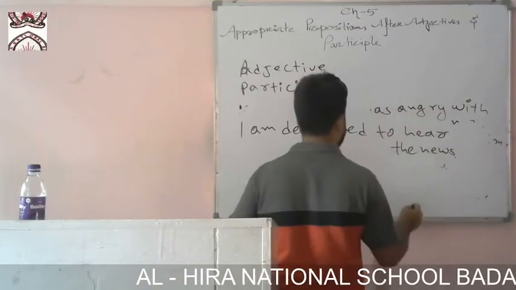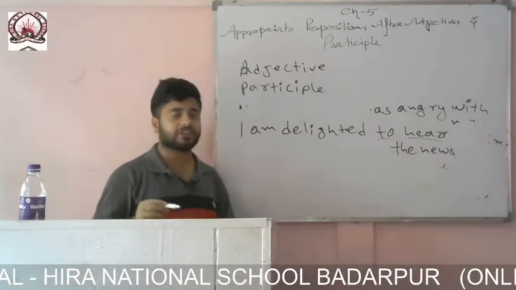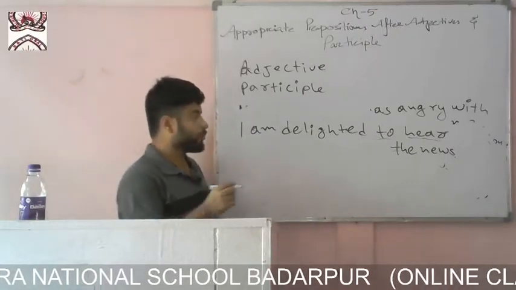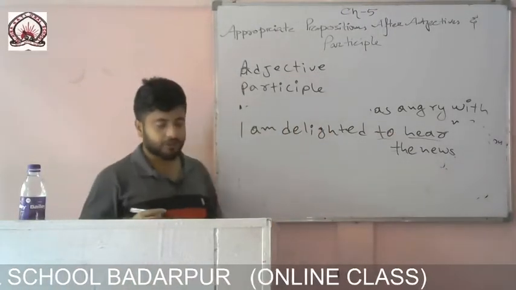I am delighted to hear the news. If a verb is there, then what do we have to use after an adjective or participle? To. We have to use to. Remember this. I am delighted to hear the news.